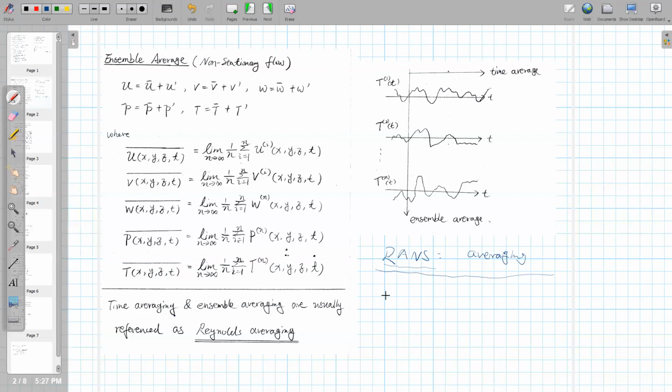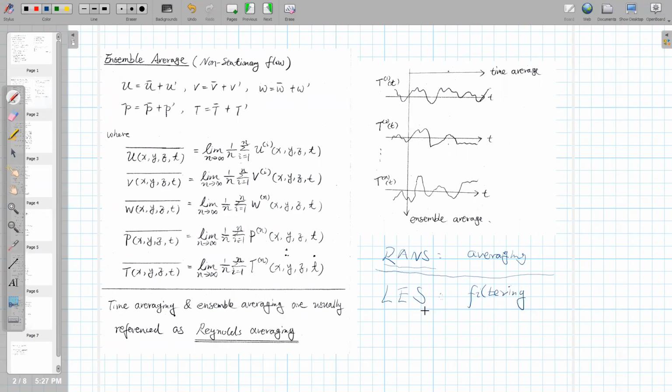Maybe some of you already know, there are three major ways we can study turbulence. RANS, the Reynolds-averaged Navier-Stokes, is the simplest way. We also have large eddy simulation, LES. In large eddy simulation, we do not do the averaging. We do the so-called filtering.